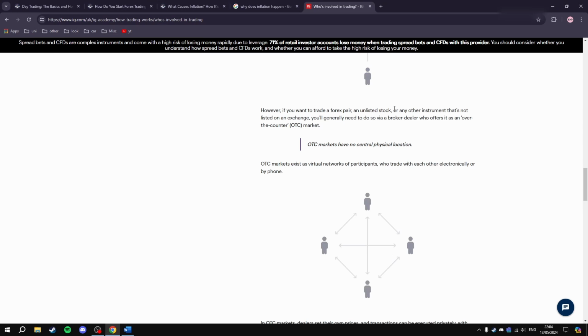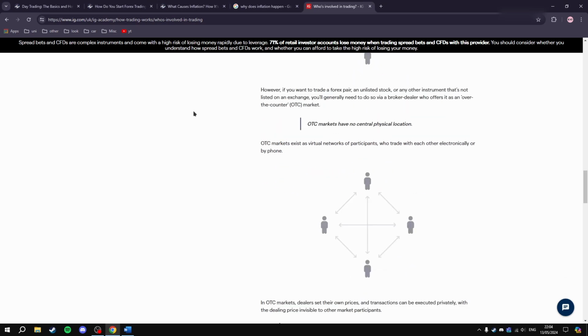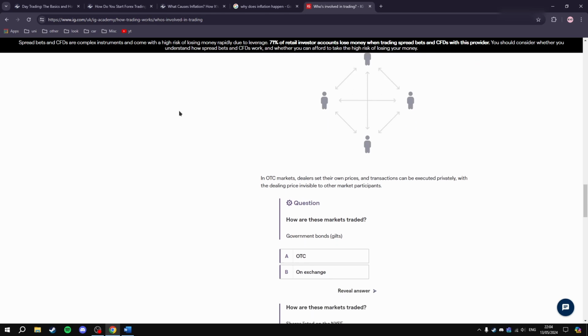OTC markets exist as a virtual network of participants who trade with each other electronically or by phone. In over-the-counter markets, dealers set their own prices and transactions can be executed privately, with the dealing price invisible to other market participants.